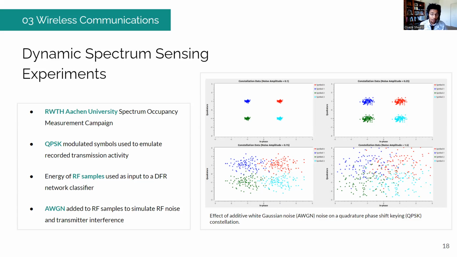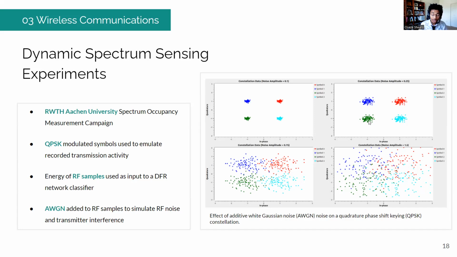Now, when these are typically transmitted, the ideal case is shown on the top left, where there's very little interference and very little noise that affects the in-phase and quadrature, so the IQ components of these different symbols. But as we enter some more real-world environments where noise and interference are just kind of a given, the IQ data points for those different symbols becomes increasingly harder to distinguish from one another.